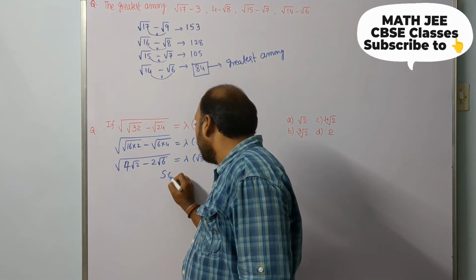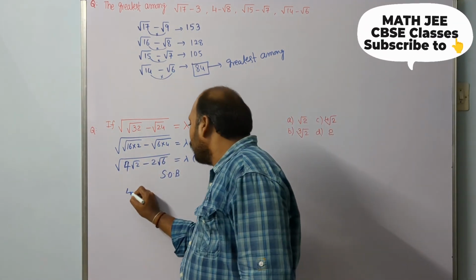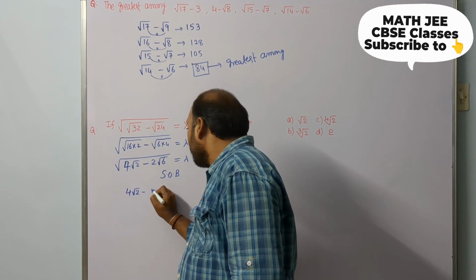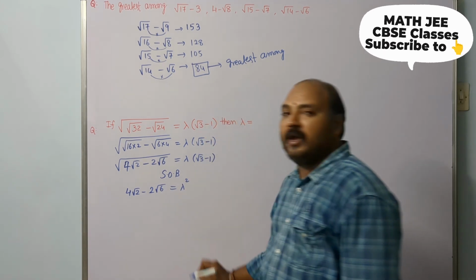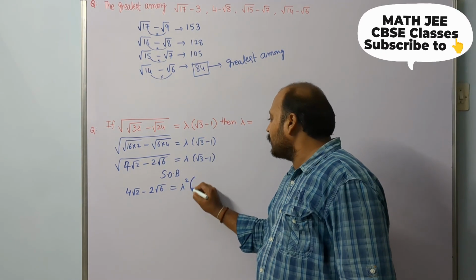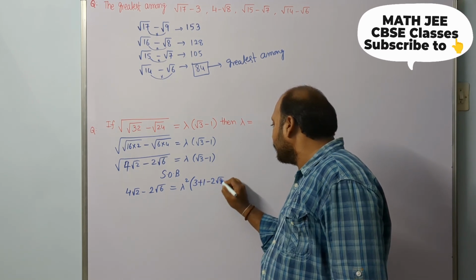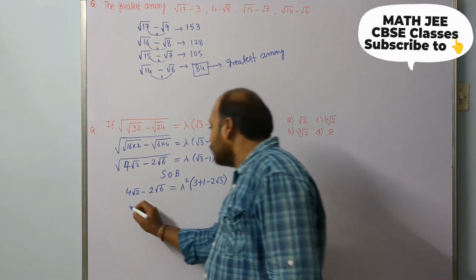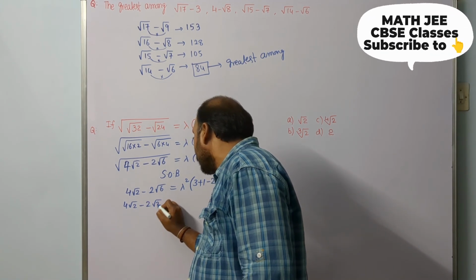Now I am going to do squaring on both sides. So squaring on both sides, the root is going to be eliminated: 4 root 2 minus 2 root 6 is equal to lambda square, a minus b whole square expansion, 3 plus 1 minus 2 root 3, which is equal to 4 root 2 minus 2 root 2 into root 3.